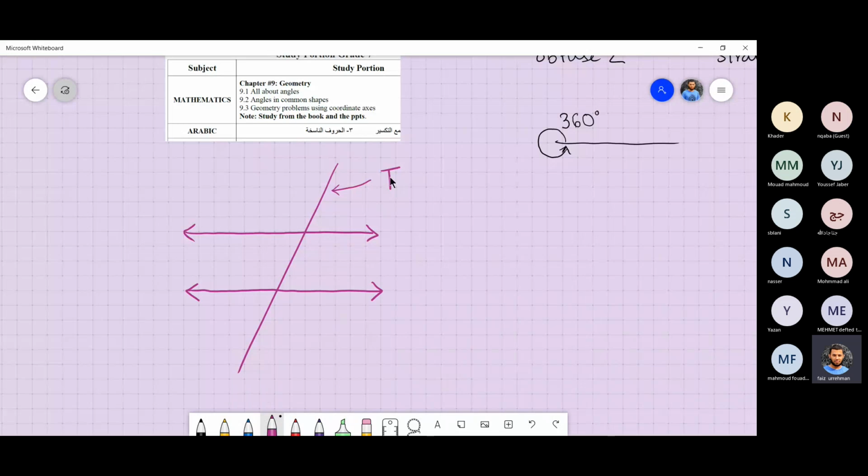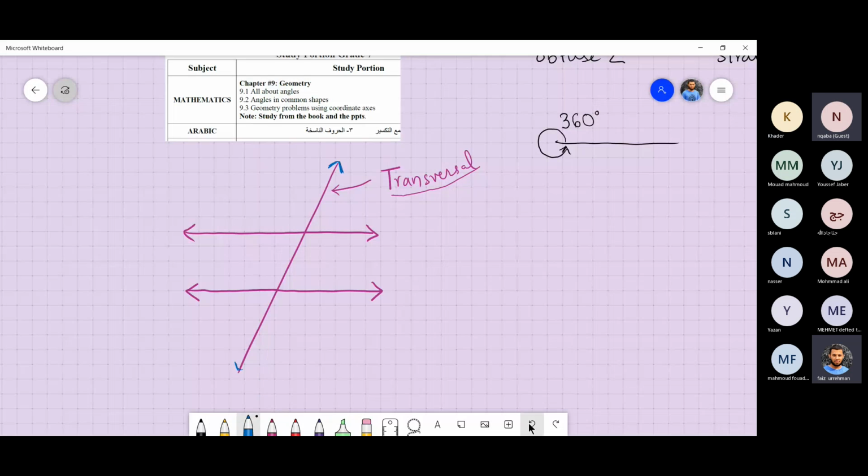Amazing, Grade 7A, amazing class. What's this? Transversal. Is this word familiar or are you listening to it for the first time? You took it and you forgot.